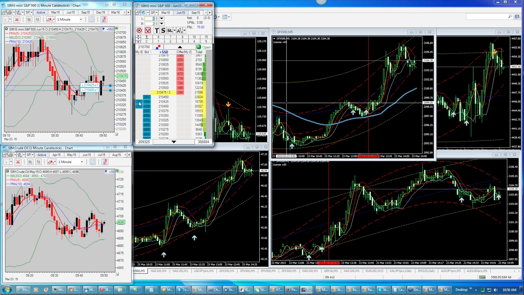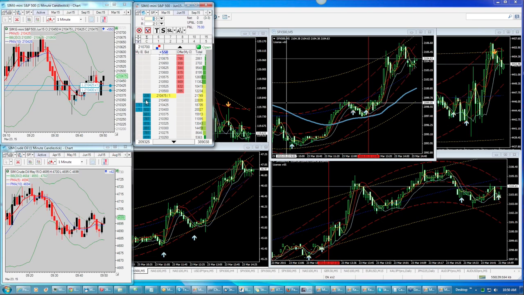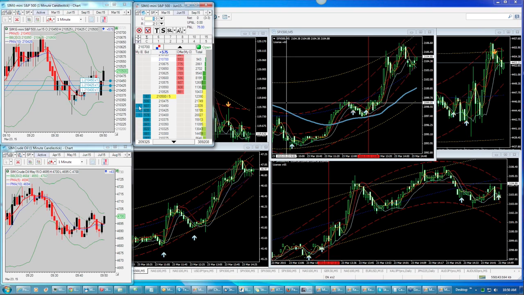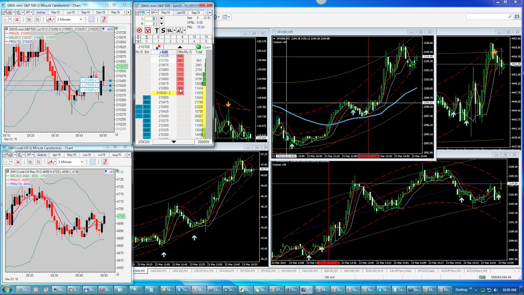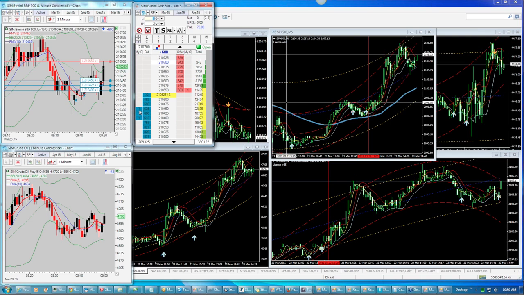You don't necessarily want to chase it, but sometimes it gets in a zone. If it's going to break out, then you want to just get exposure on. Yeah, I was too slow on that. So now it's breaking out.